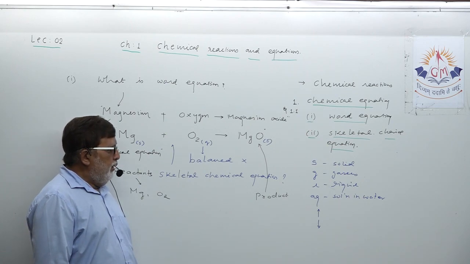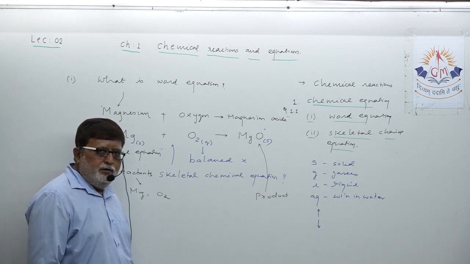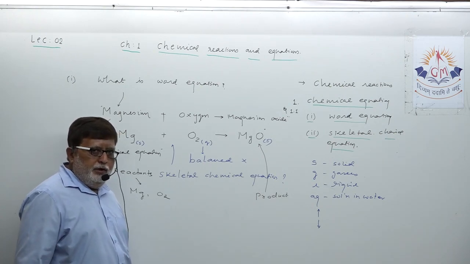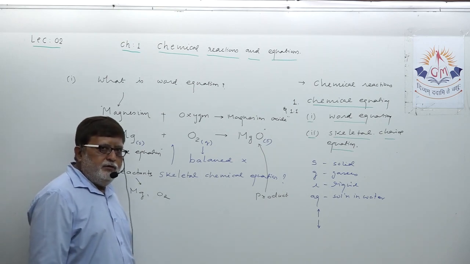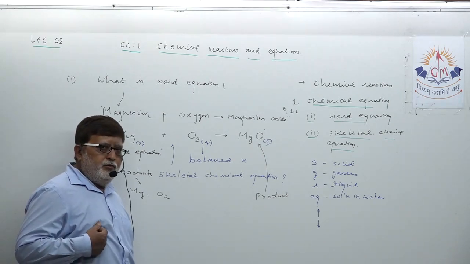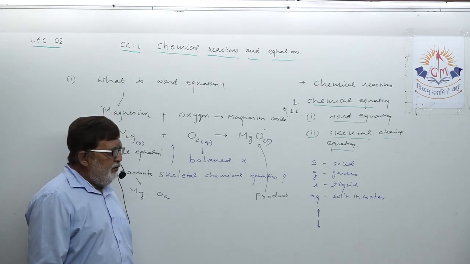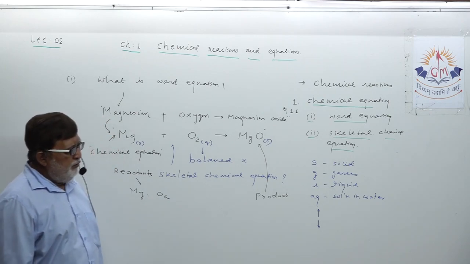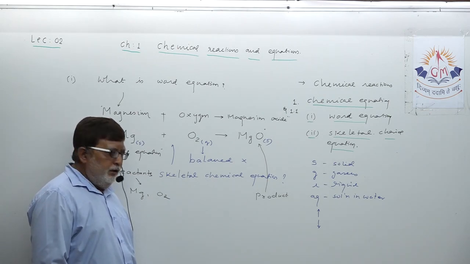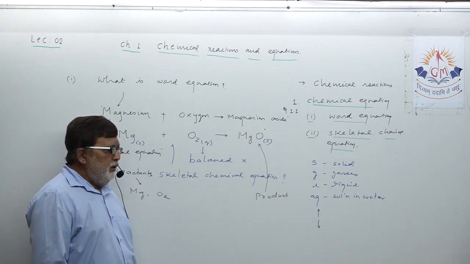Every reactant or product taking part in the reaction or formed at the end of the reaction needs to be shown in its particular state by using symbol S for solid, G for gaseous, L for liquid, aq for aqueous solution in water.